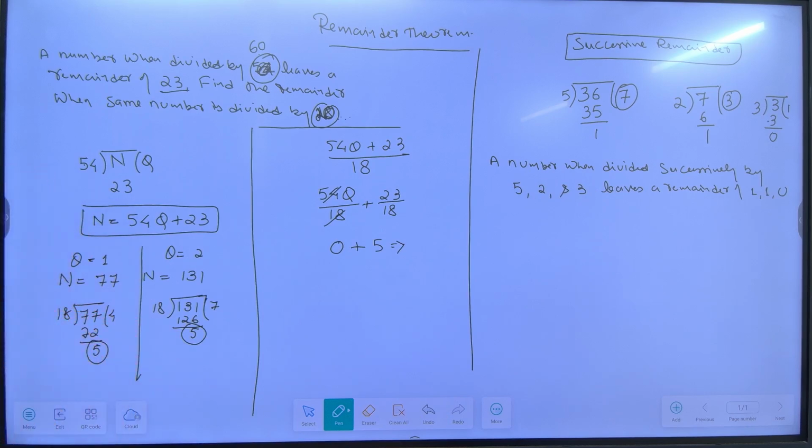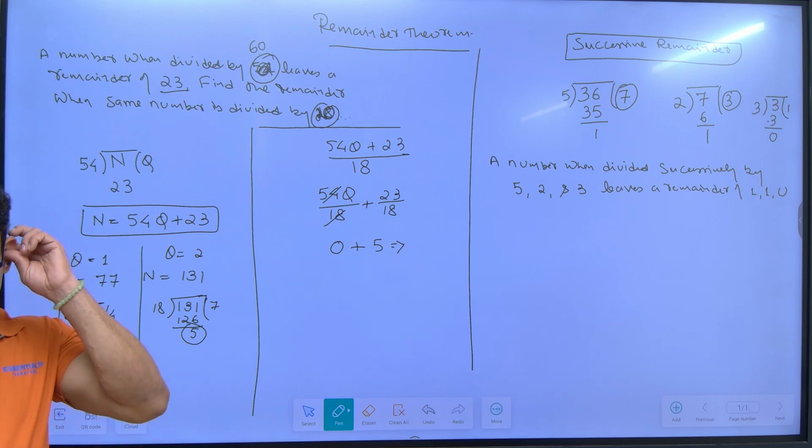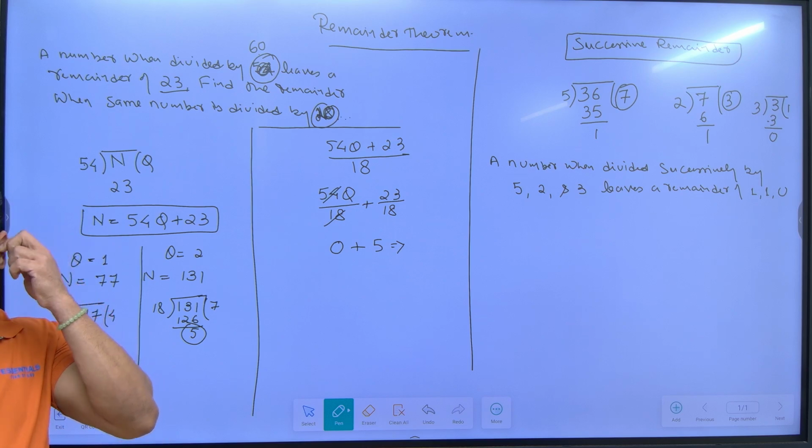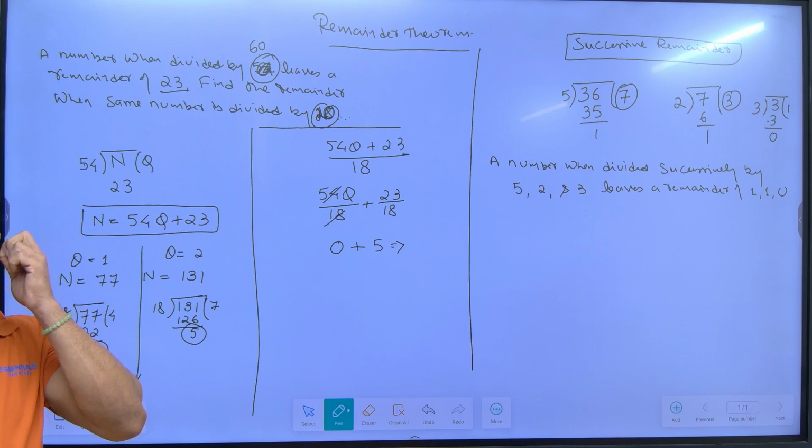This is the question. A number when divided by 5, 2 and 3 successively leaves a remainder of 1, 1 and 0. So find the number.